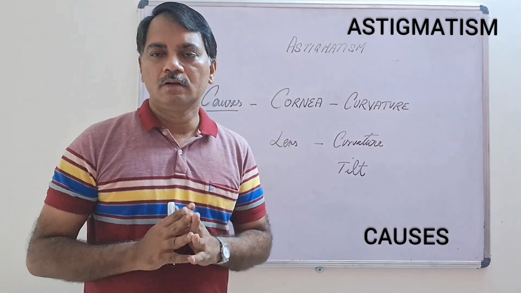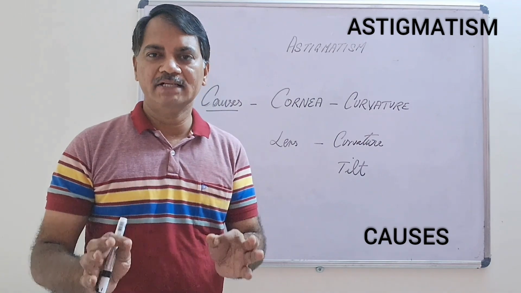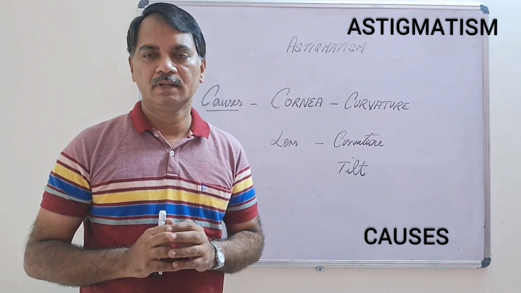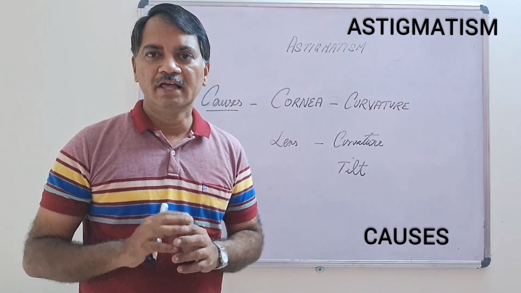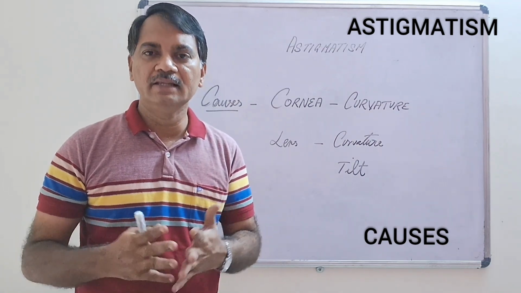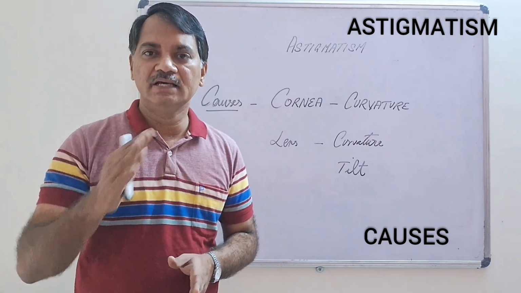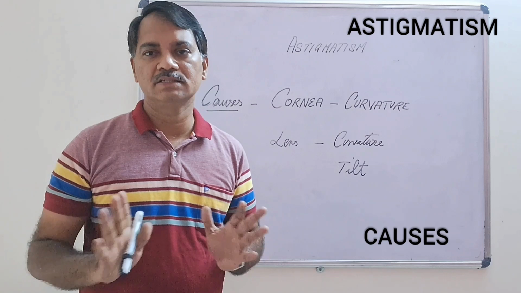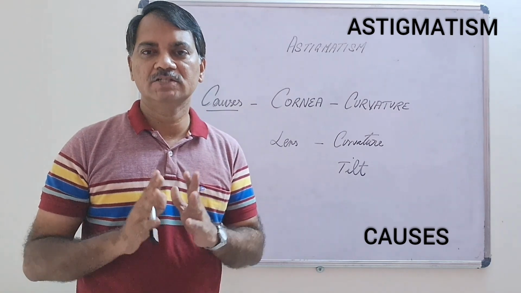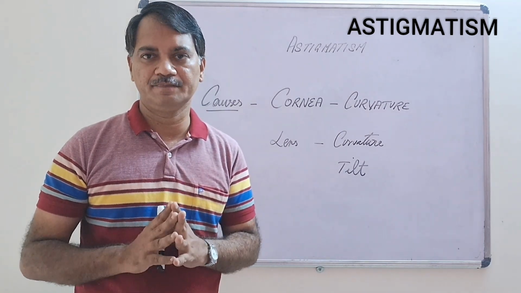We should know why astigmatism occurs. Astigmatism is due to variations in the curvature of the cornea or the lens. So that is causing this astigmatism.